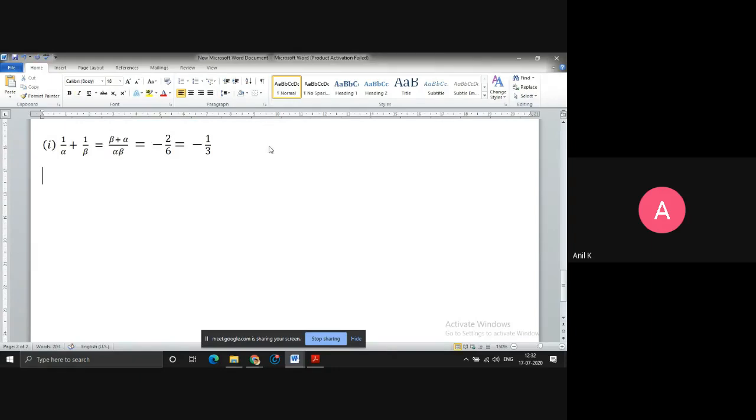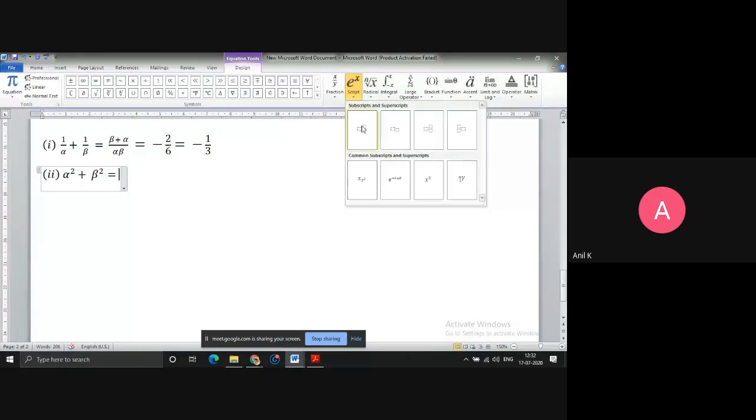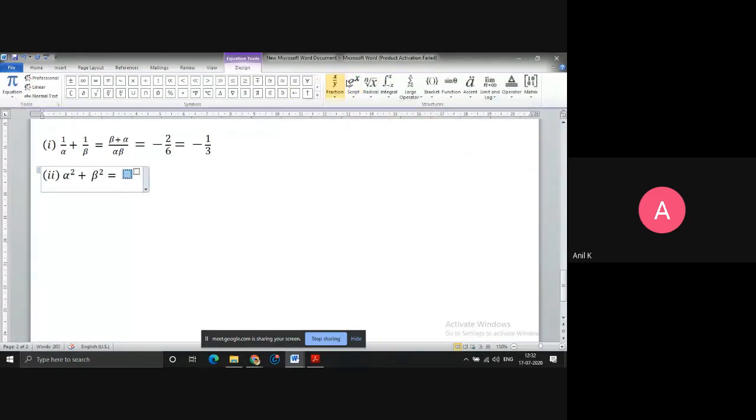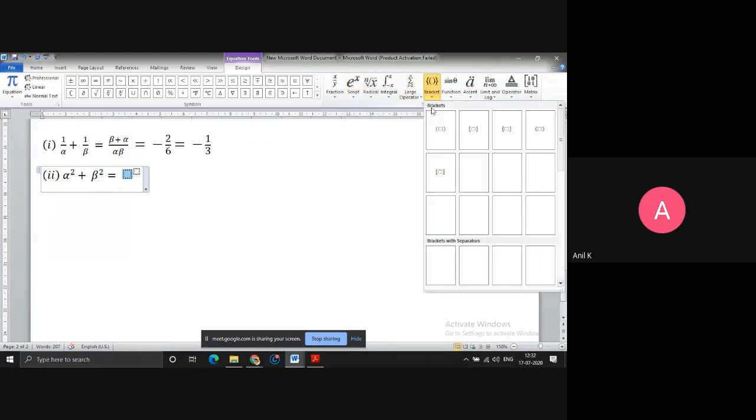How do you solve the second question? This is alpha square plus beta square. If you remember the formula, let me show you how we can write it using known formulas.